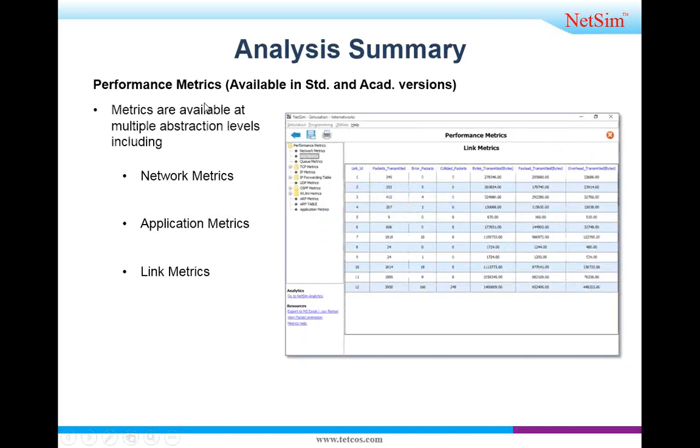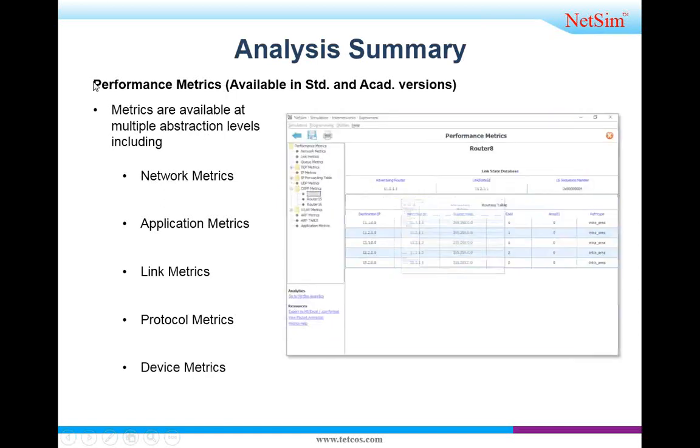In analysis summary, when we simulate a network, the performance matrix is created, and the performance matrix is further divided into these five parts: the network matrix, application matrix, link, protocol, and device matrix. The network matrix allows the user to view the values of the matrix obtained based on the overall network. Then application matrix displays the various metrics based on the application running in the network scenario, like throughput and delay.